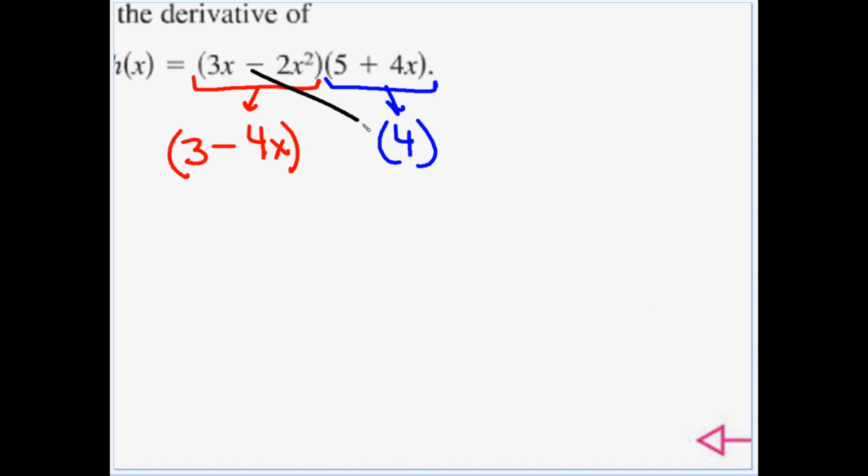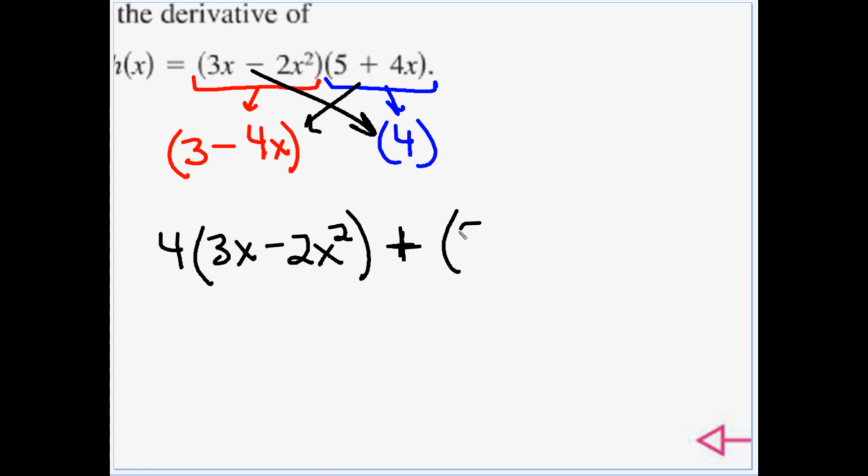So I'm going to cross multiply on this diagonal first. I'm going to put the 4 first, and then I'll have my 3x minus 2x squared. And then plus, we multiply on the other diagonal: 5 plus 4x times 3 minus 4x. Okay, let's do some algebra.